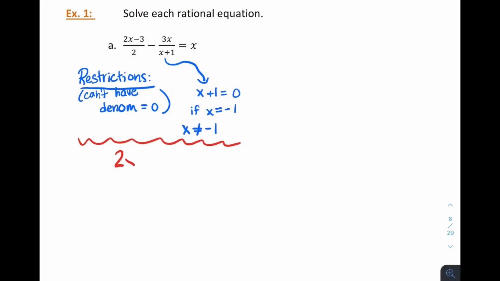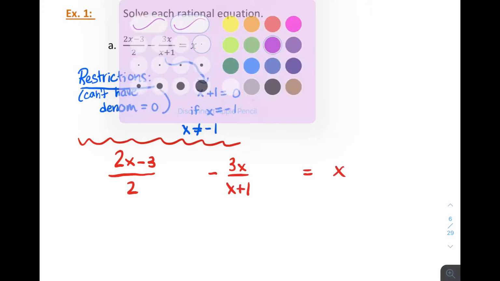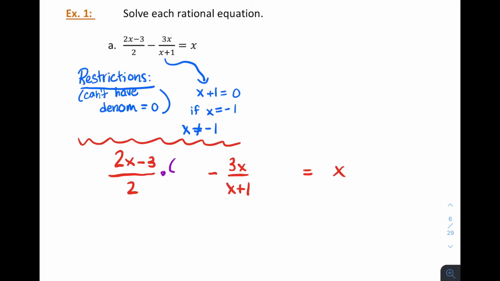All right. Now let's go ahead and actually take my two fractions on the left, get a common denominator, and subtract them. Right-hand side of my equation is just kind of chilling. So I'm going to need to multiply my first fraction by x plus 1 over x plus 1, and my second one times 2 over 2.